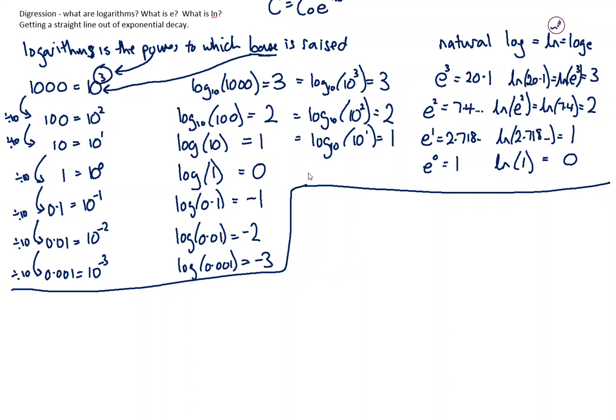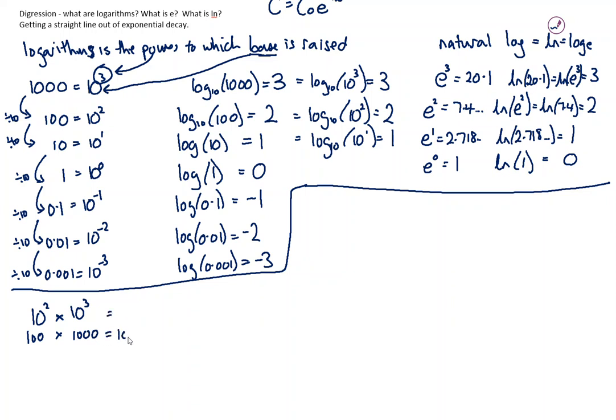The other thing you need to recall from secondary school maths is this idea of manipulating powers. If you took 10 to the 2 and multiplied it by 10 to the 3, that's 100 times 1,000.